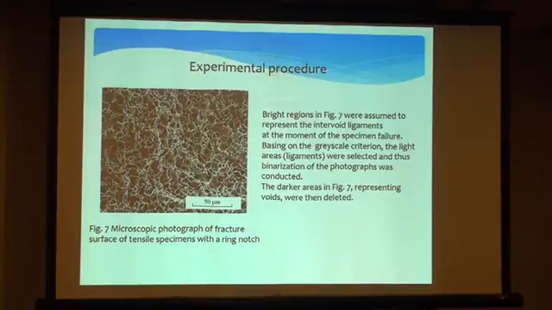And the next step was to binarize the photograph, which I mean by dividing the photograph into two parts. Basing on the grayscale criterion, I divided the photographs into areas representing voids, the darker ones, and representing the intervoid fragments, which are the light areas in the picture.